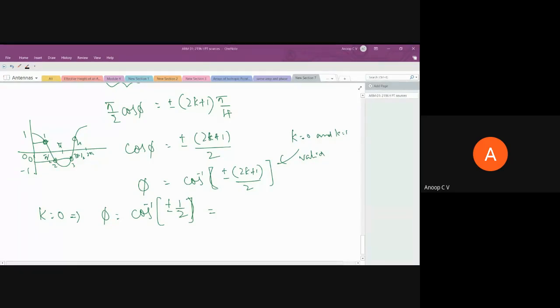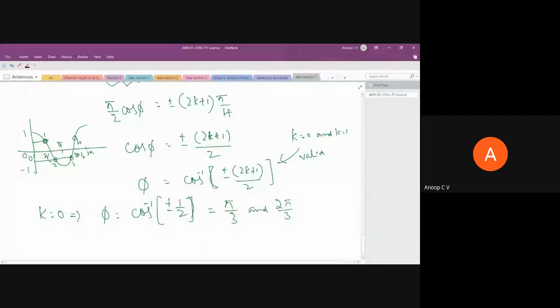No, not plus or minus pi by 3. Sir, pi by 3 and 2 pi by 3. In the first quadrant and second quadrant, correct. So it is pi by 3 and 2 pi by 3.